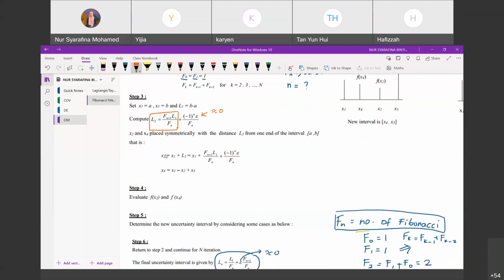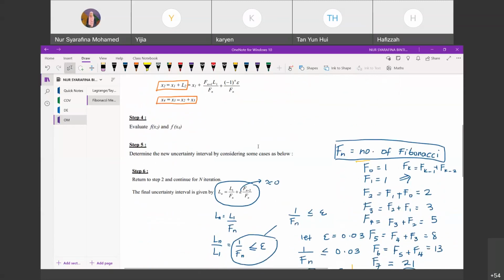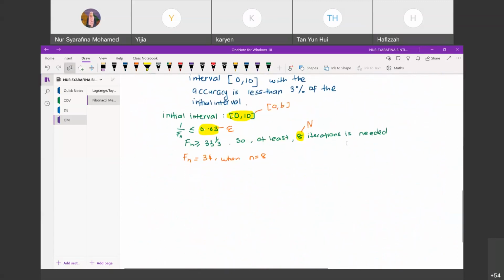Then x2 and x4 are placed symmetrically with the distance L2 from one end of the interval AB. That is x2 equals x1 plus L2 and x4 equals x1 minus x2 plus x3. So how can we do this? Refer to the notes. Let's discuss this.